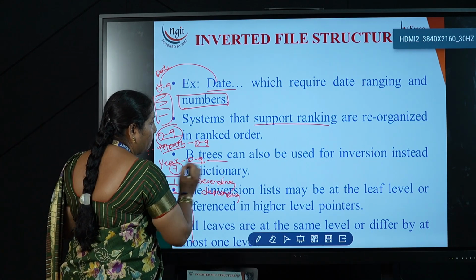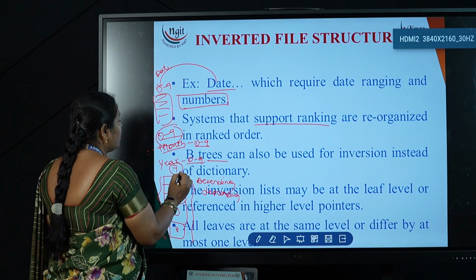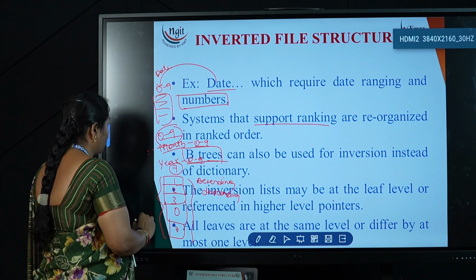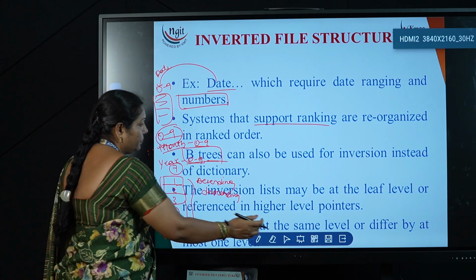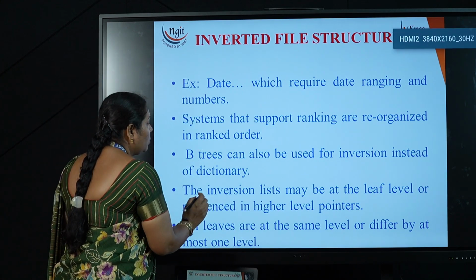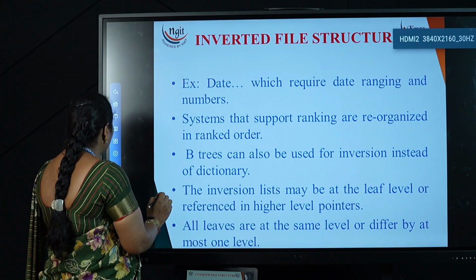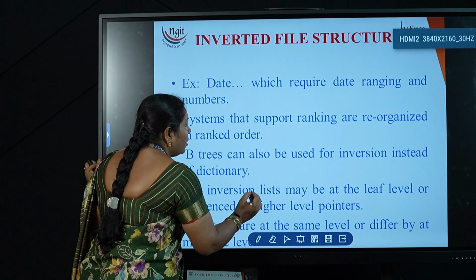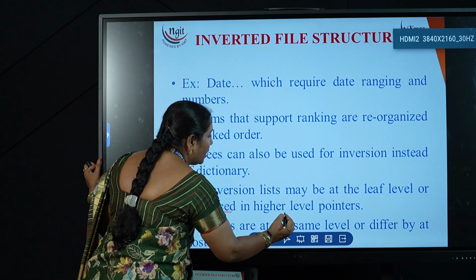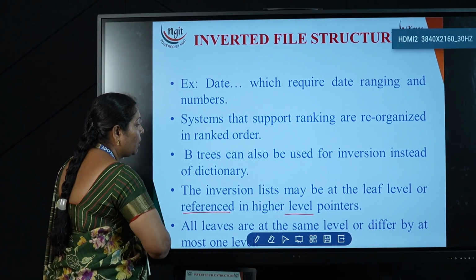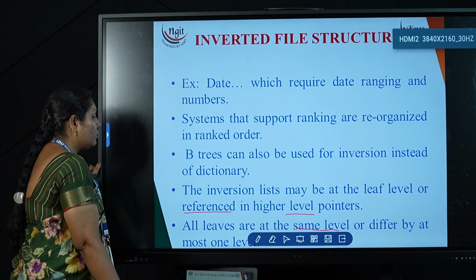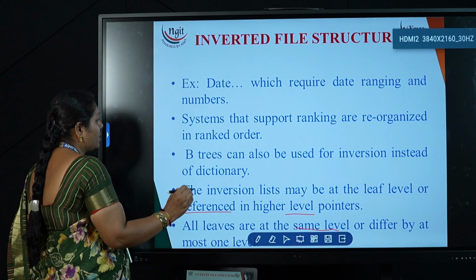Next one is B trees. In order to store these ranking values, you can also use the B tree data structure. And you may also have equal priority values. Wherever you have leaf level or references in the higher level priorities, but when you are having the same level, how are you going to mention them?